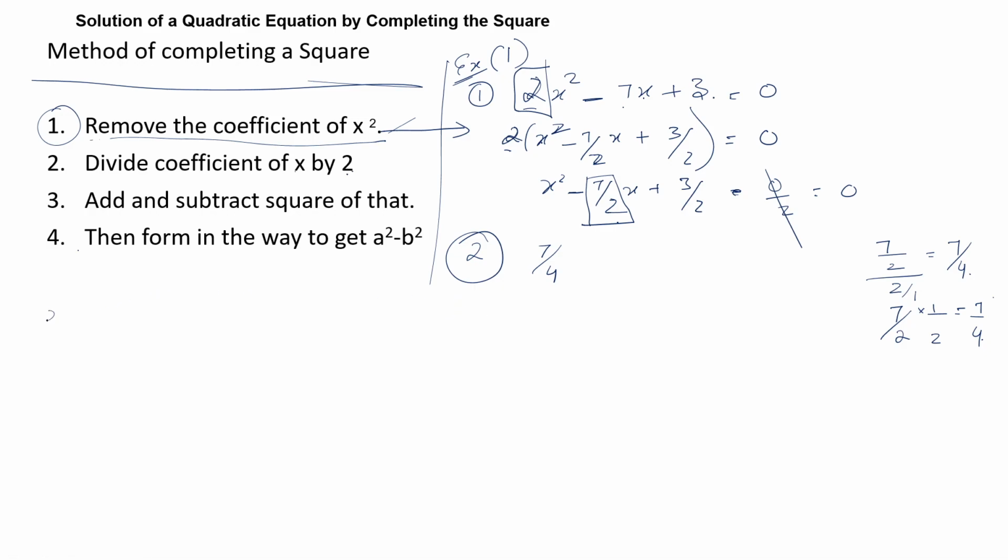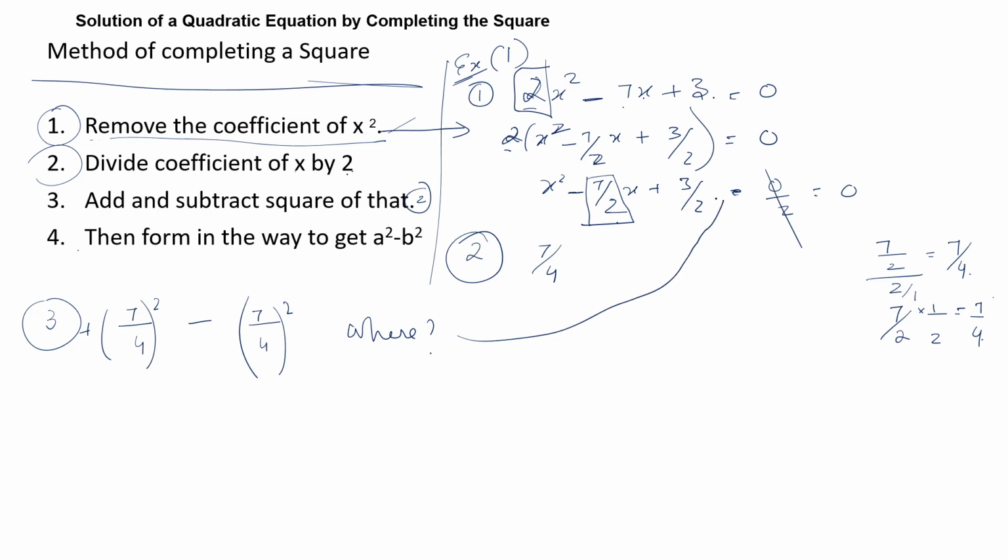Then what is the third point? Add and subtract the square of that. Square of that means the square of what you got in the second point: 7 by 4 whole square, add and subtract. So where to add and subtract? In this equation.